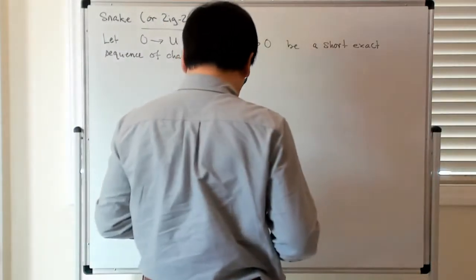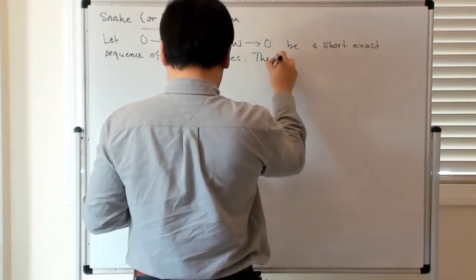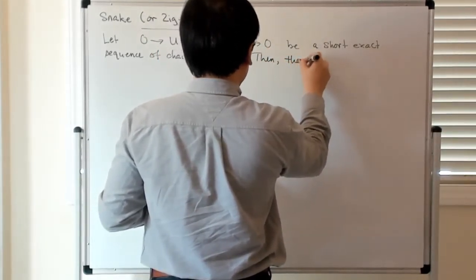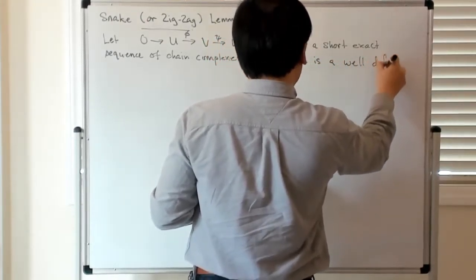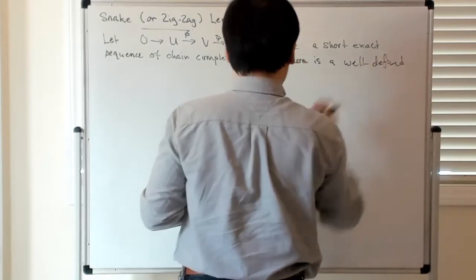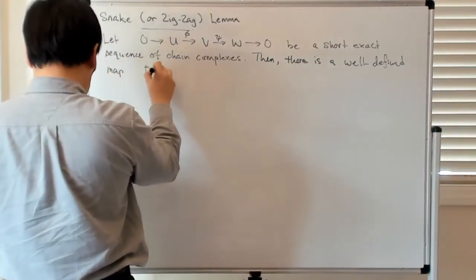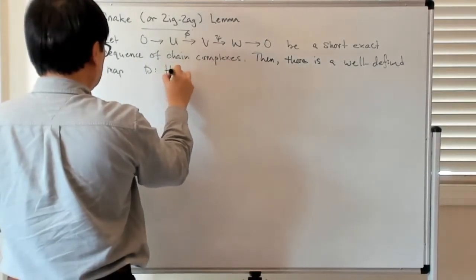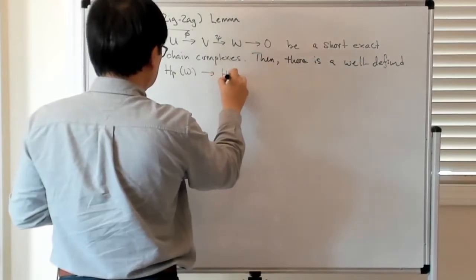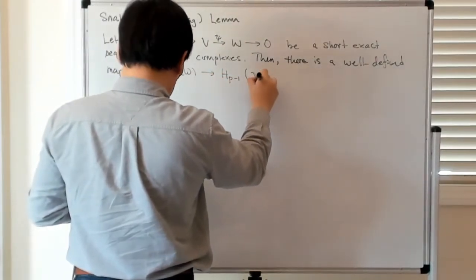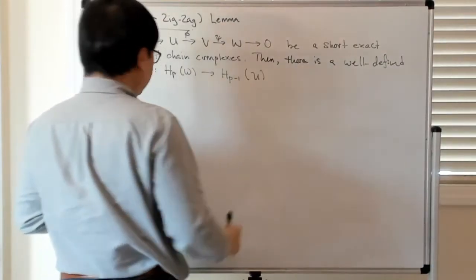So in that situation, there is a well-defined map, let's call it D, from the homology on W to the homology on U of one lower dimension, which is called the connecting homomorphism.